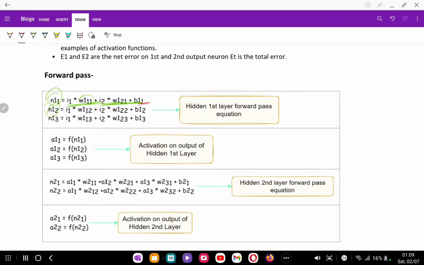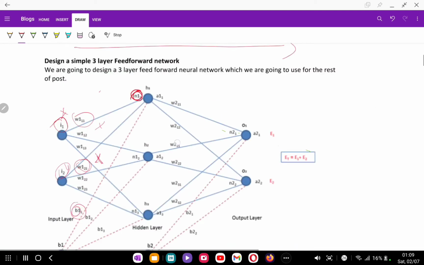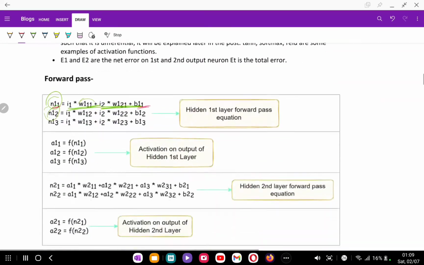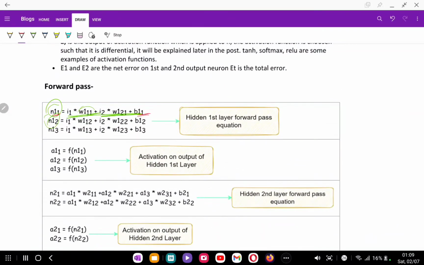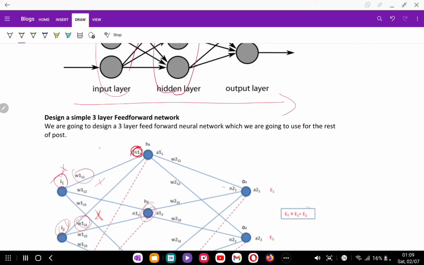Similarly, for N11 we have N12 and N13, which are these nodes. After that we obtain A1 by applying an activation function on the data we have obtained here. For example, we obtain this after applying some transformation, and this is usually your activation function.